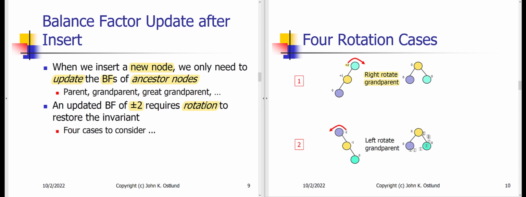And notice that gets us back to exactly the same relative ordering and exactly the same shape that we had in case 1. Okay? So all 4 of these cases are going to result in us taking an unbalanced 3-node tree and turning it into a perfectly balanced 3-node tree.